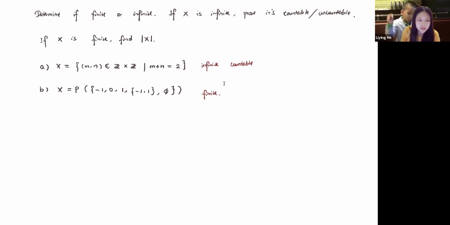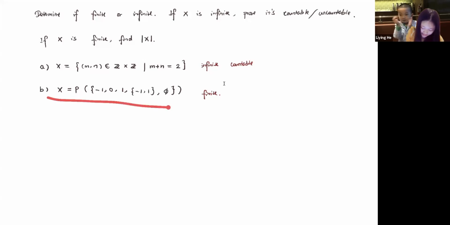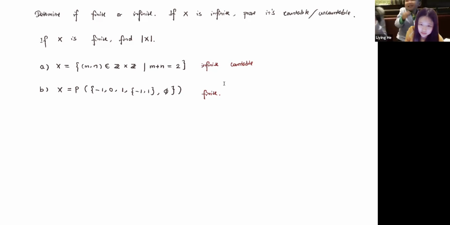Okay, how many elements does this X have? I think this is an easier question, so let's do that first. How many elements does this power set have? 2 to the power of 5, exactly.